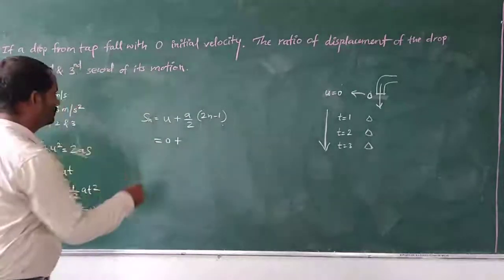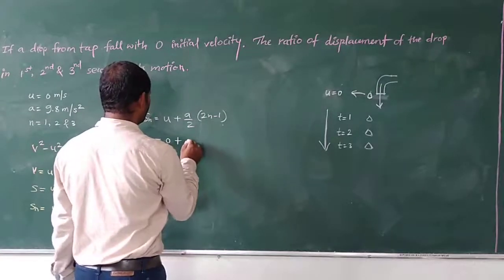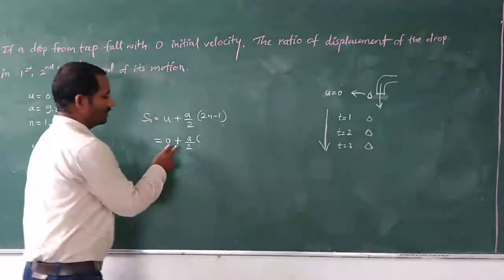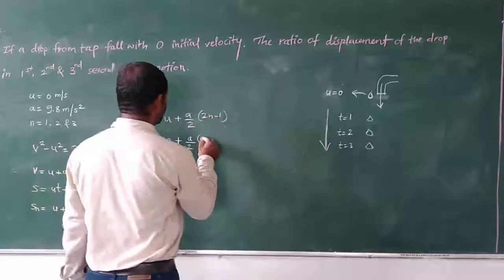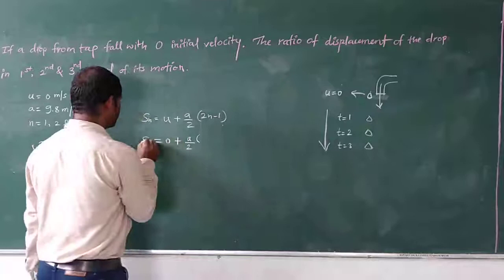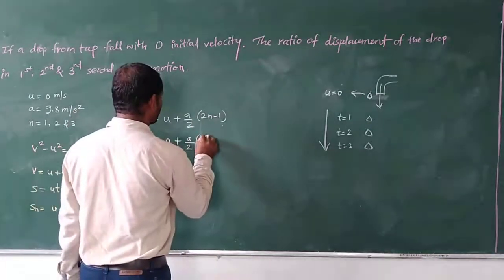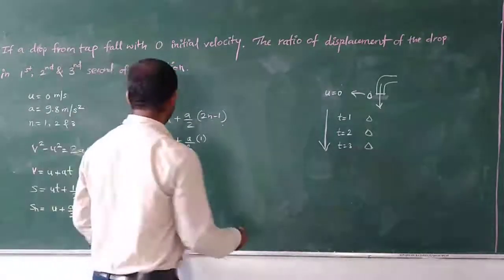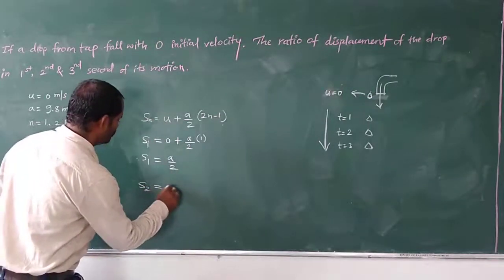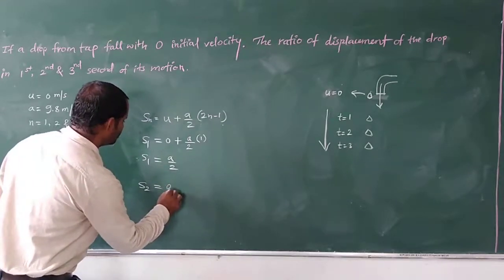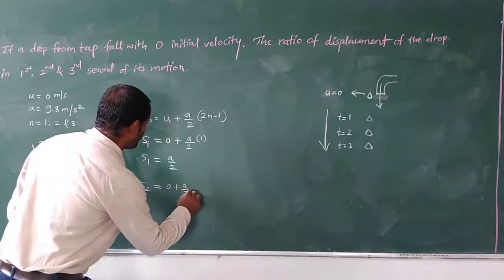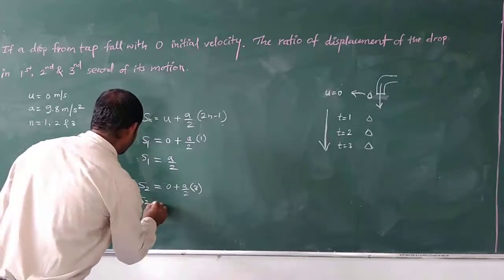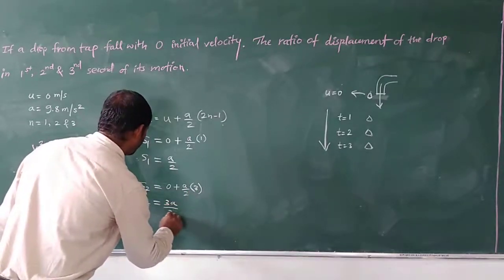Then we know u is 0, so we write a by 2, because we have to find the ratio. For n equal to 1, 2 minus 1 is 1, so S1 is a by 2. Then S2: 0 plus a by 2, 2 into 2 is 4, 4 minus 1 is 3, so S2 is 3a by 2.